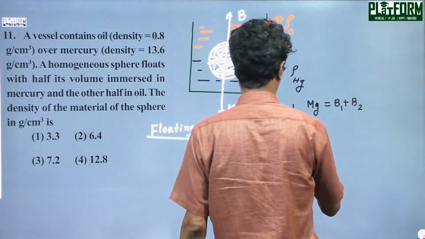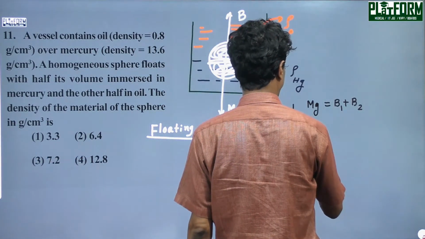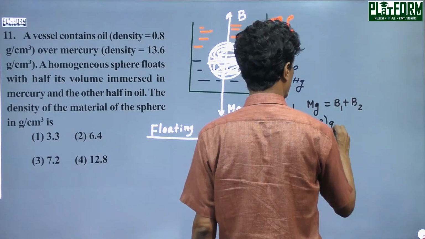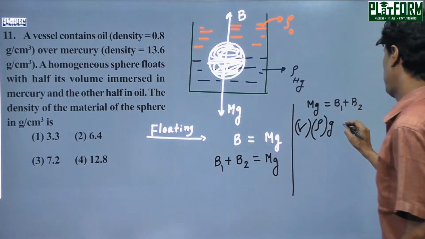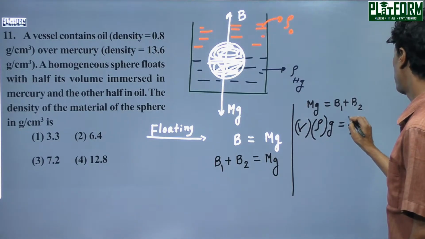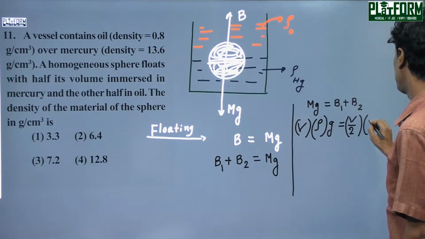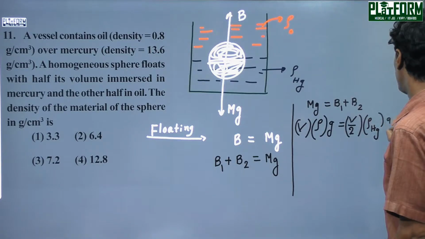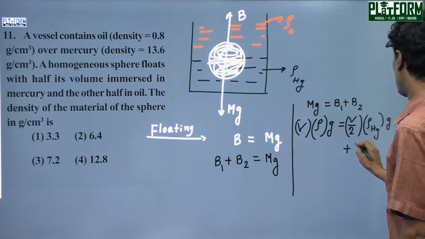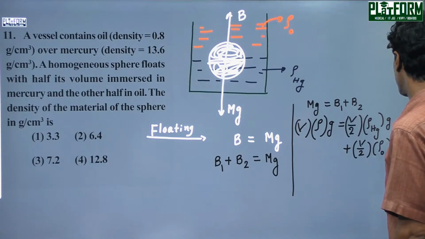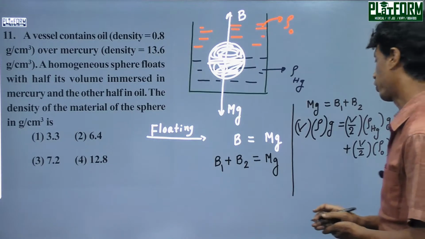And let us say the total volume is V and density of body is rho into G. And we can write here it is V by 2, half of the sphere immersed in mercury into G plus V by 2, other half of the volume immersed in a liquid of density rho naught.